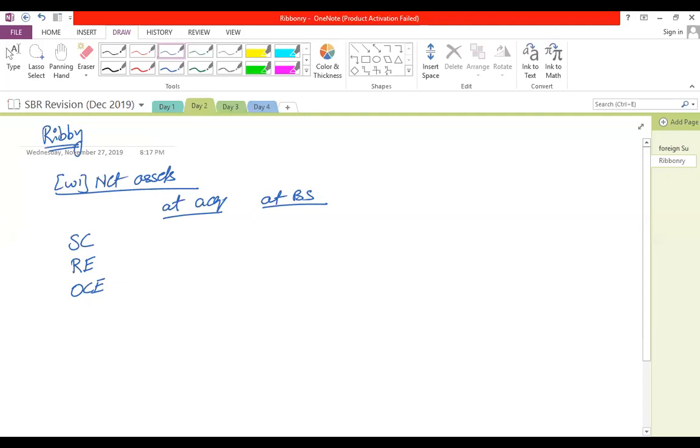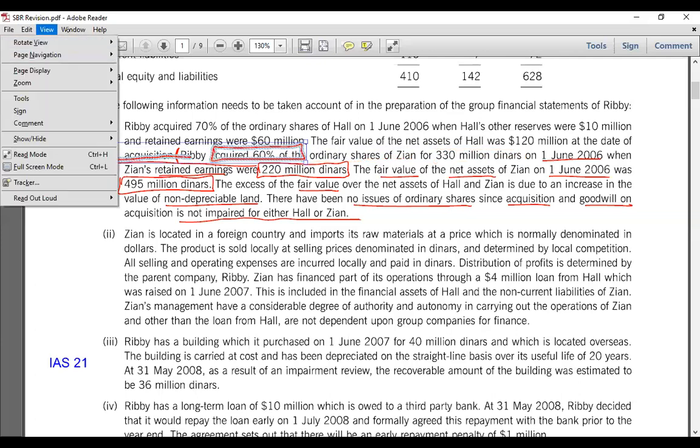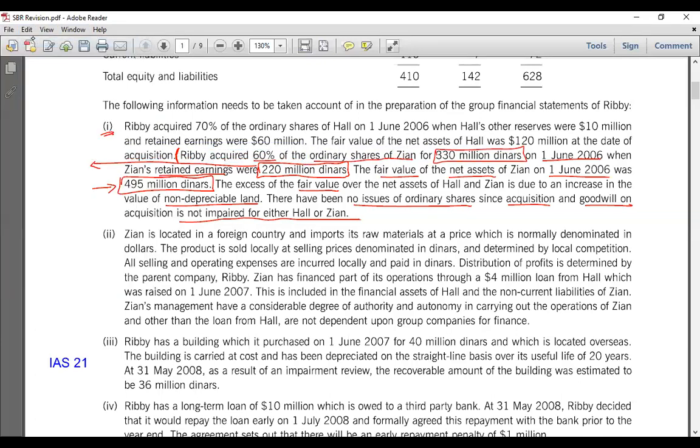If I go back to the question to check these values, the question had given us the net assets to be 495 and the retained earnings to be 220 million dinars, with the cost, which will be used in working number 2, to be 330 million.